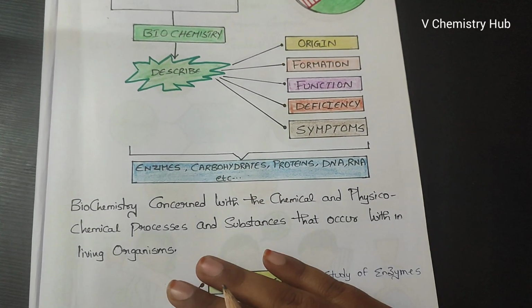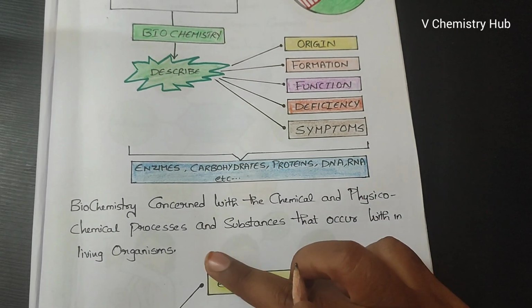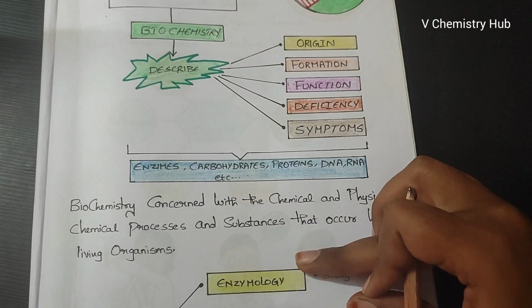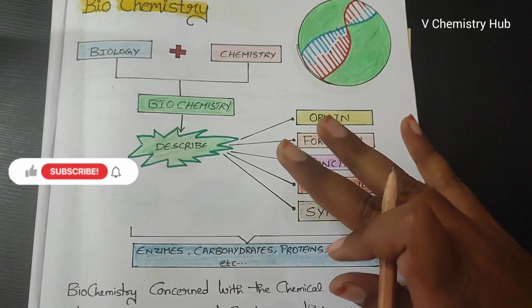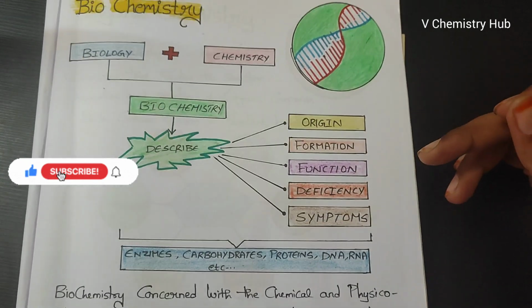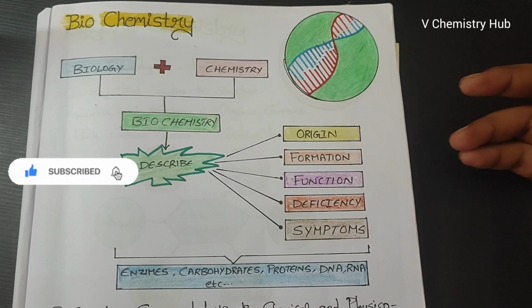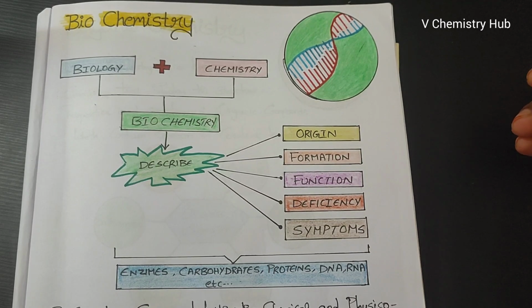Biochemistry is concerned with the chemical and physiochemical processes and substances that occur within living organisms. Simply, biochemistry is the study of chemical processes in living organisms. Everything in the body is made up of atoms and molecules of different chemical components like carbon, hydrogen and oxygen.